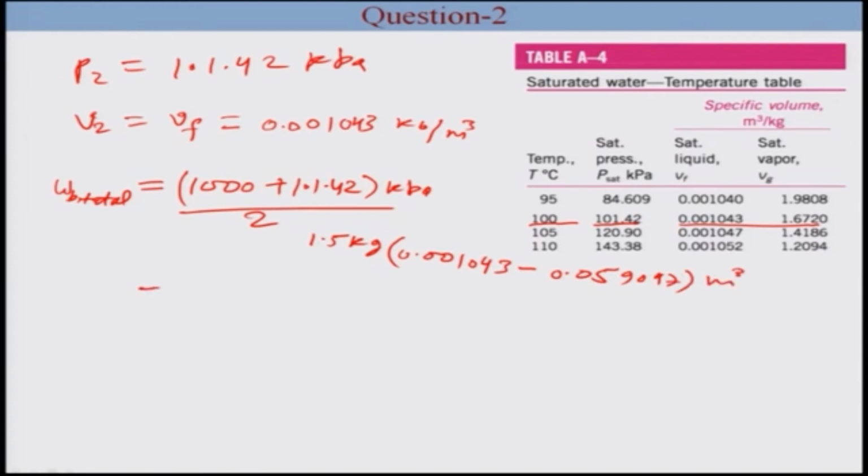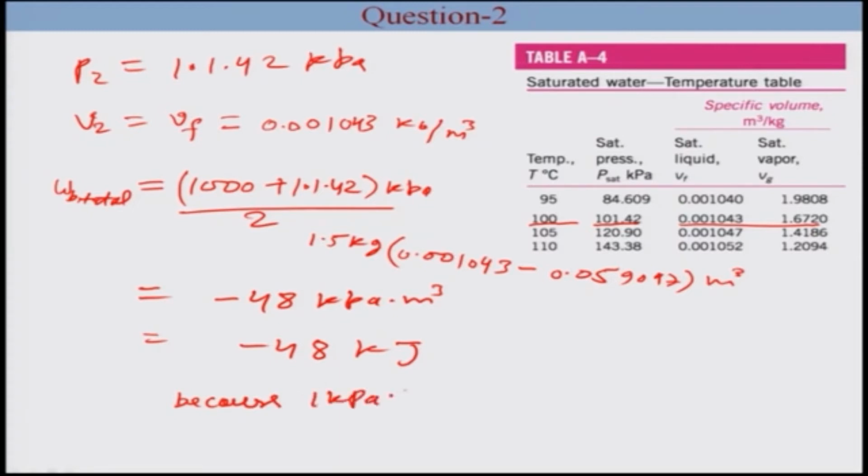From here we get minus 48 kilopascal meter cube, which is nothing but minus 48 kilojoule, because one kilopascal meter cube equals 1 kilojoule. So this is the total work in this process. Moving to the next question.